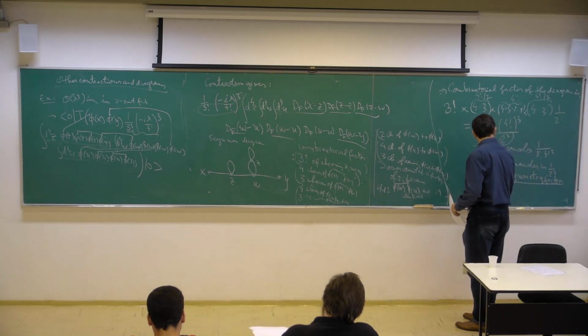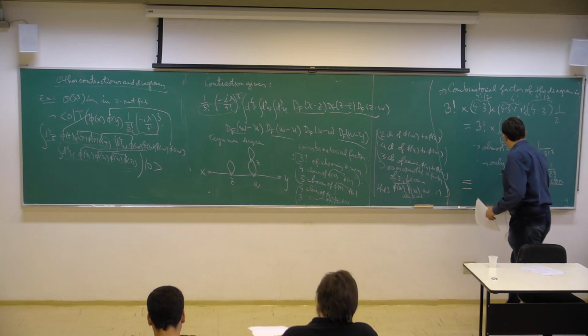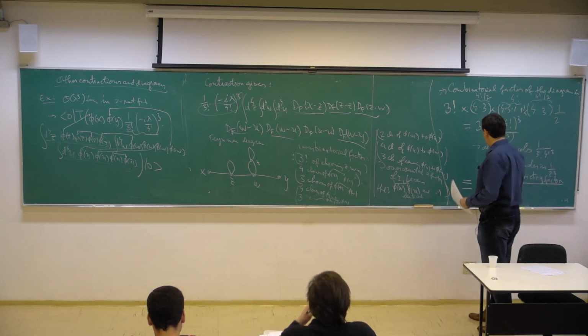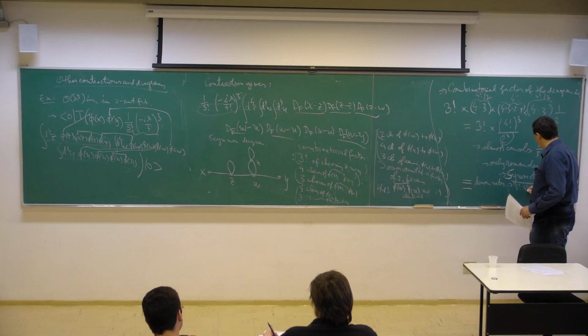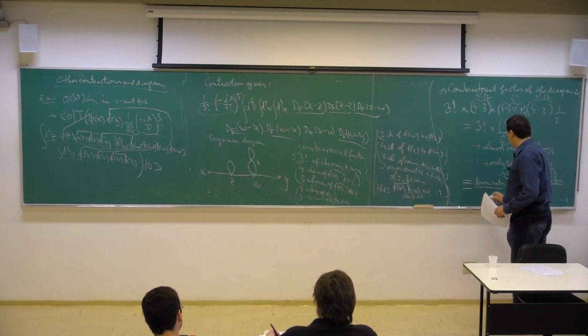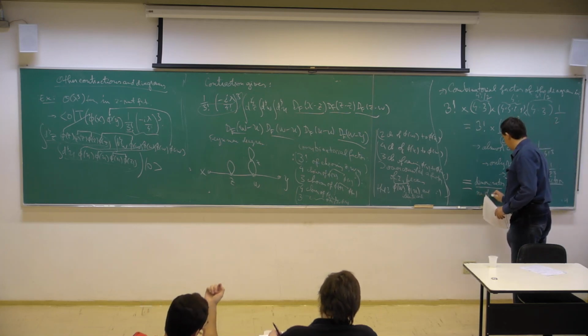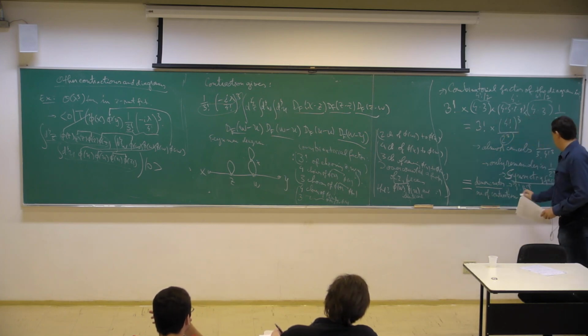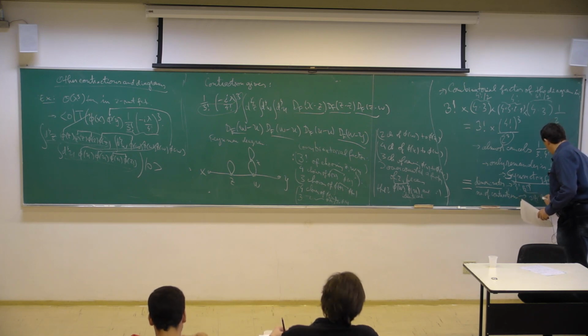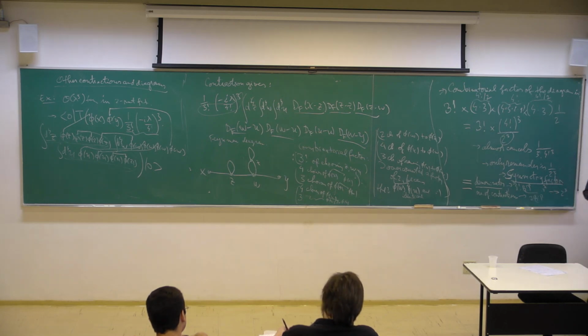So the symmetry factor is by definition the denominator, meaning this 3 factorial, 4 factorial cubed, divided by the number of contractions. In this case, this was 3 factorial, 4 factorial cubed, divided by 2 to the cube. So in this case, this is 2 to the cube. Okay?